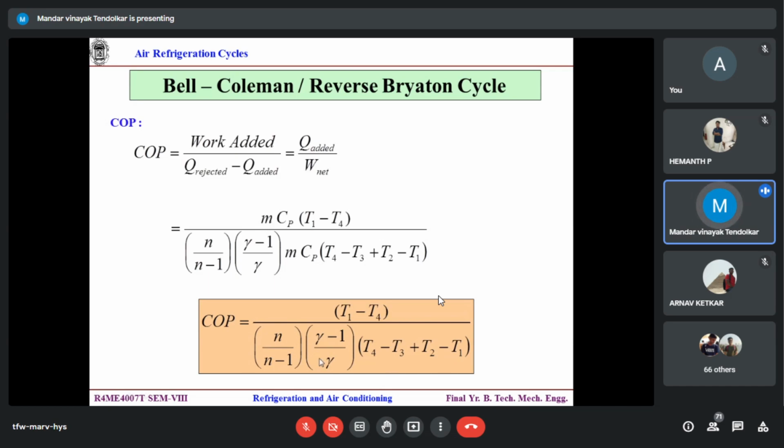So let's say some constant K. So T1 minus T4 divided by some constant times this particular bracket. Ultimately one and the same logic is that it is the ratio of the temperatures alone and as such resembles the COP of the Carnot cycle.